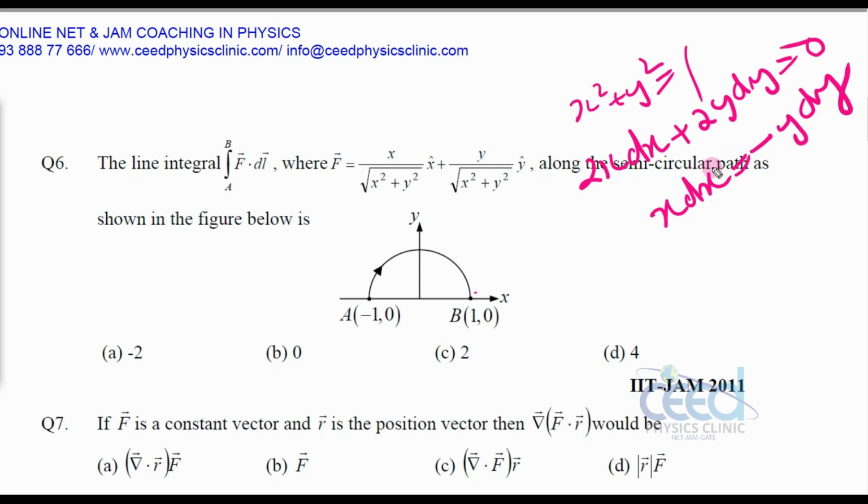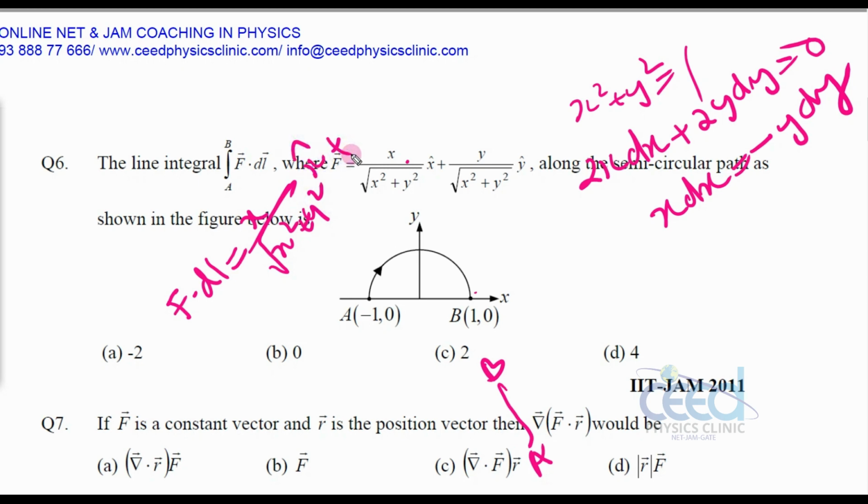Now if I calculate this integral from a to b, that is minus 1 to 1, of F dot dl. So what is F dot dl? F is given, so let me write F dot dl first. F is x by root x square plus y square x cap plus y by root x square plus y square y cap, dot dl.